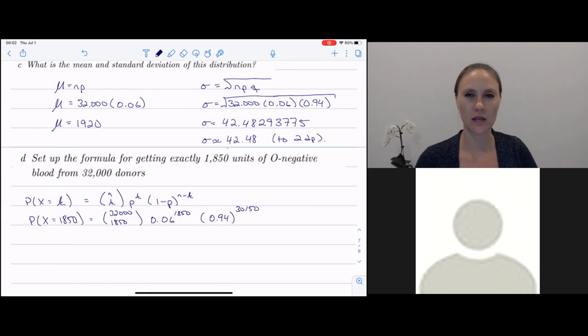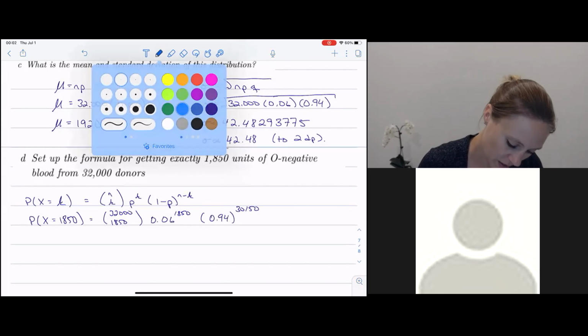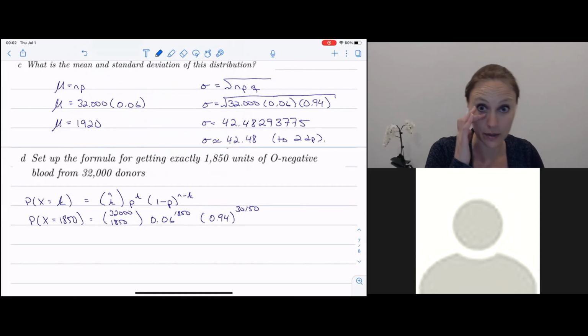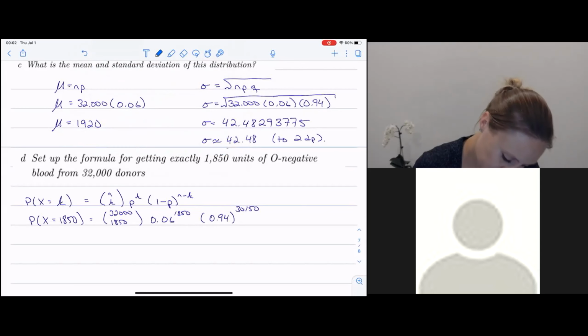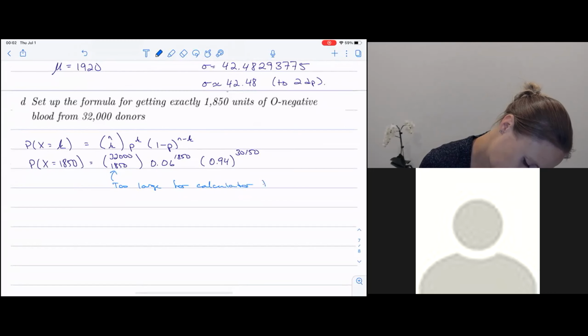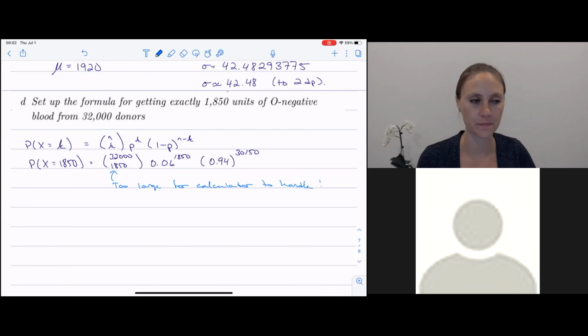So we're dealing with kind of huge, weird numbers here. And so that's why we're just setting it up, right? You can try 32,000 choose 1850, but I get a math error, right? Too large for calculator to handle. Ooh, crazy.